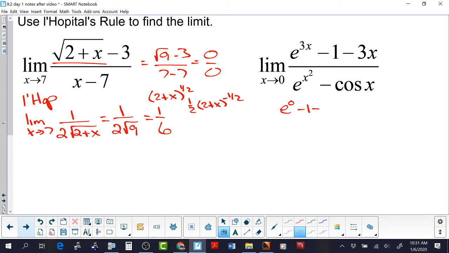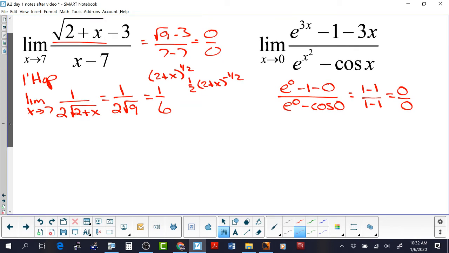E to the 0 minus 1 minus 0 over e to the 0 minus cosine of 0, that's 1. So 1 minus 1 over 1 minus 1, so 0 over 0. That's an indeterminate form, so we can use L'Hopital's. Limit as x approaches 0 of 3 e to the 3x minus 3 over 2x e to the x squared plus sine of x.